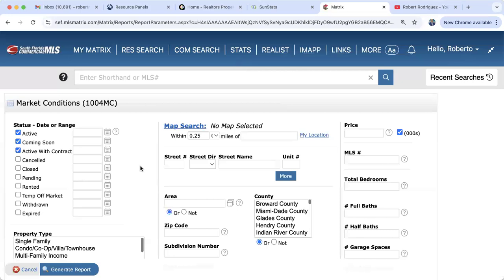All right. So on the left, we're going to always choose active and we're going to choose closed sale. And for a closed sale, we're going to go ahead and run a 365-day study. All right, so we're going to study an entire year, 0 to 365 days.